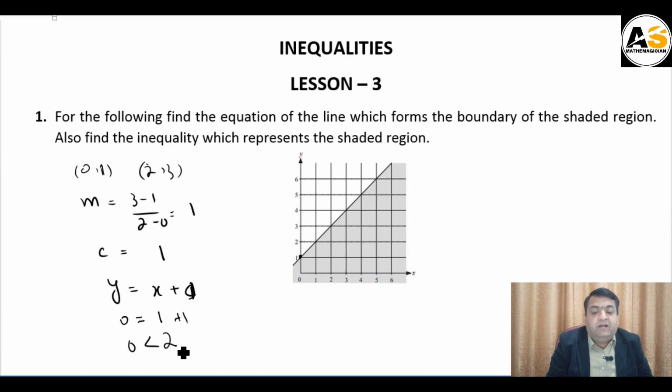So this inequality will be y is less than x plus 1. Also, if the coefficient of y is positive, the less than sign represents the region below this line and greater than represents the region above this line. So we can even write this directly without checking with any test point.